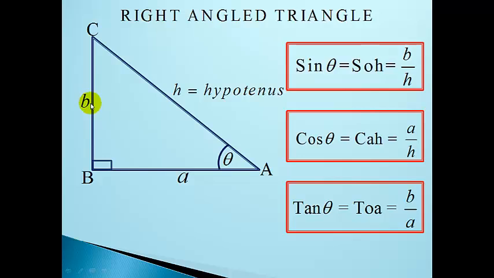BC is opposite to the angle theta, and H, that is AC, is the hypotenuse of the right angle triangle. Now if tan theta is equal to 12, then the opposite side to the angle theta is B, and the adjacent to the angle theta is A. So tan theta is equal to opposite B over adjacent A.